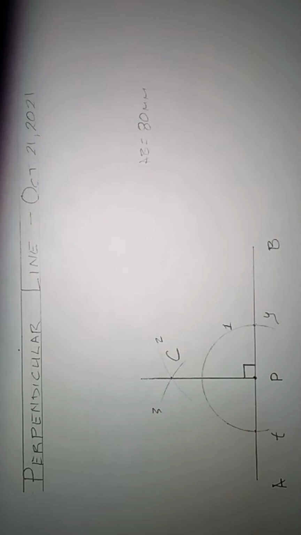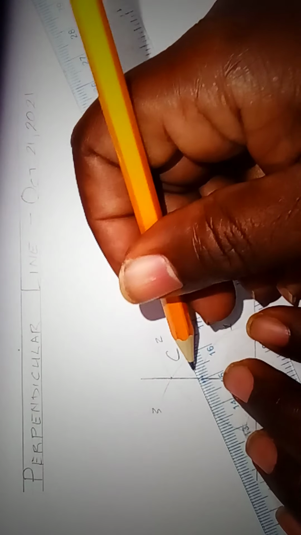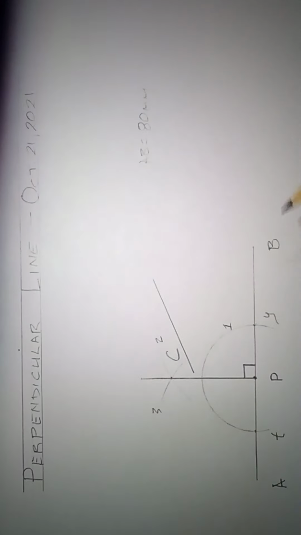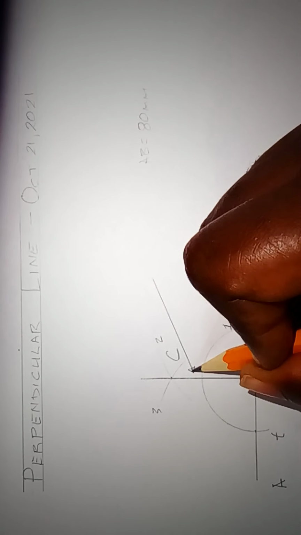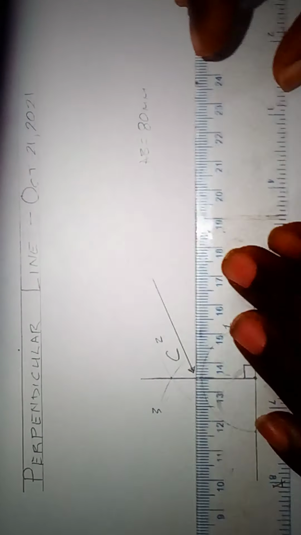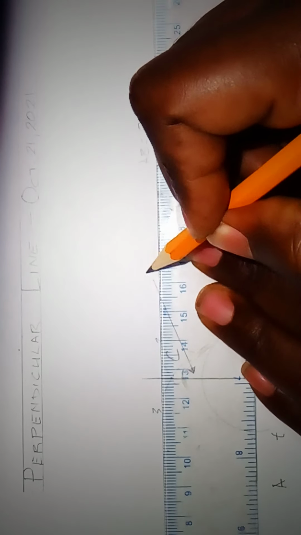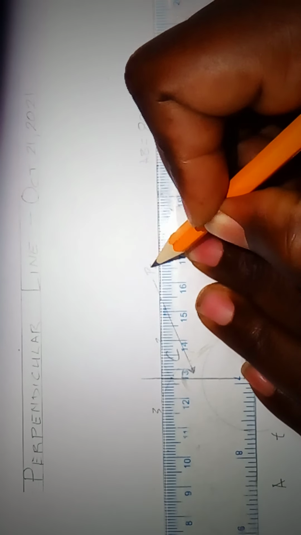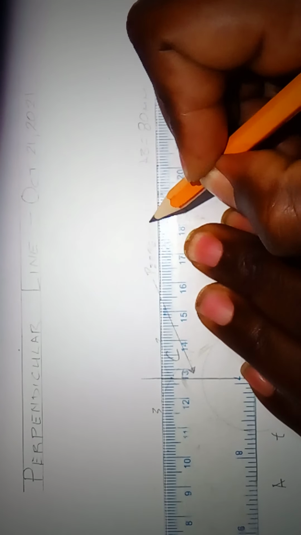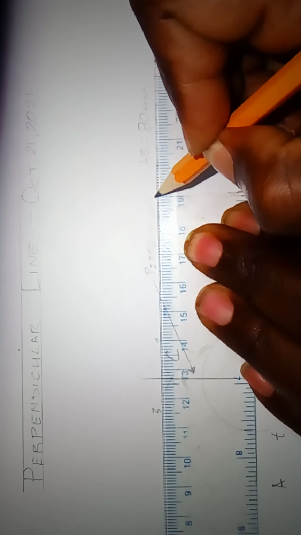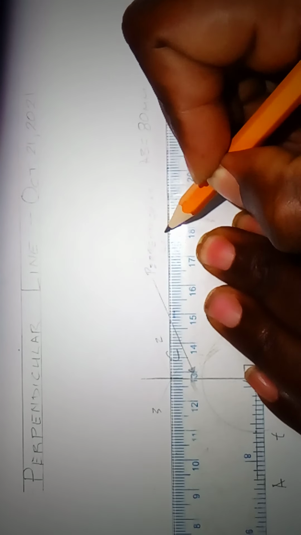We can do one last thing by labeling, just a small arrow, like that, pointing to that, and say that we're just calling this the perpendicular line.